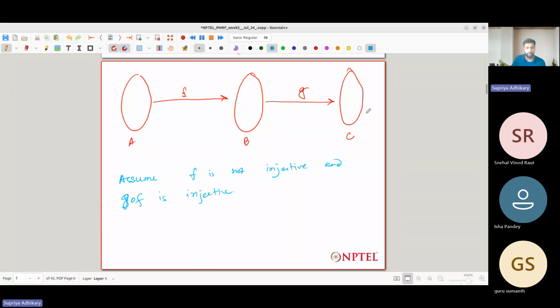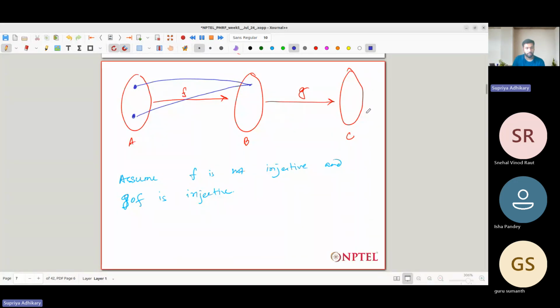Okay. So if f is not an injective function, what does that mean? What was the definition of an injective function? If we consider two different elements in the domain set, then they should map to distinct elements in the codomain set. So now if we say that this function f is not injective, that means that we can find at least one pair in the domain set such that they both map to the same element in the codomain set.